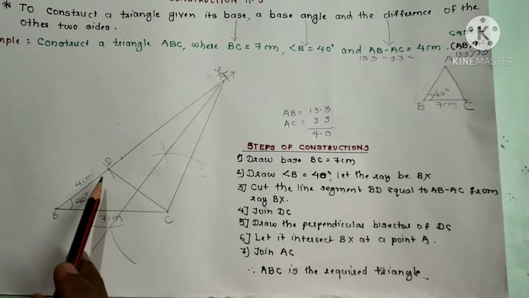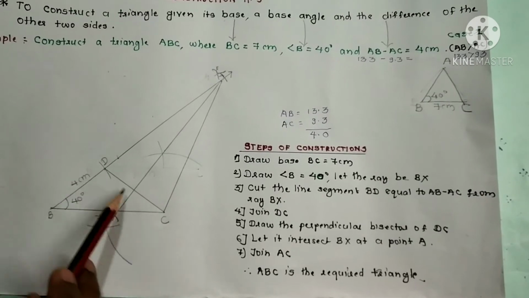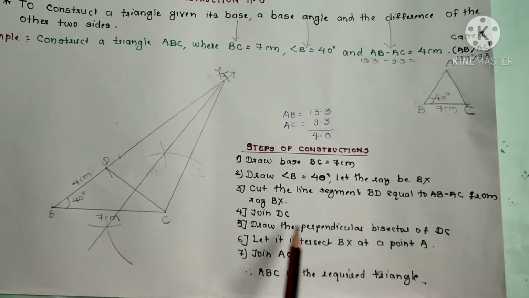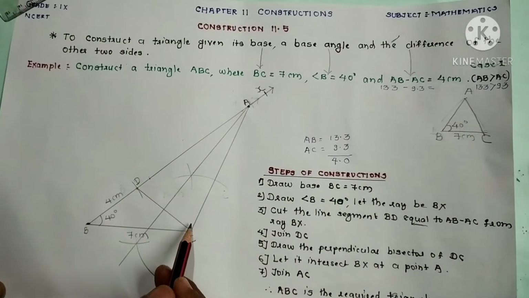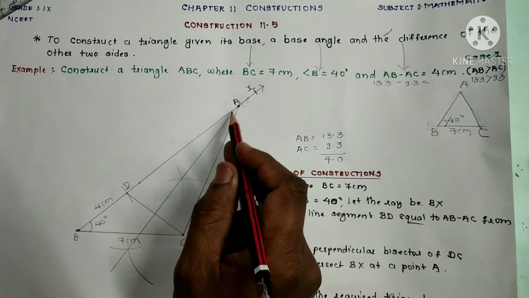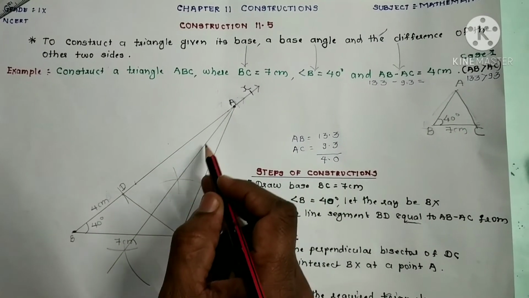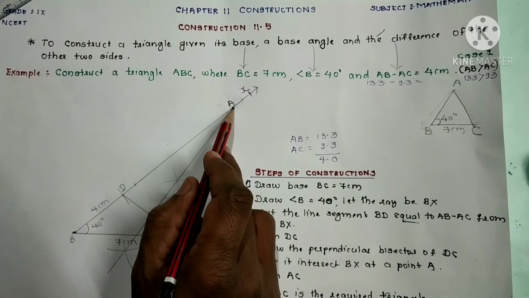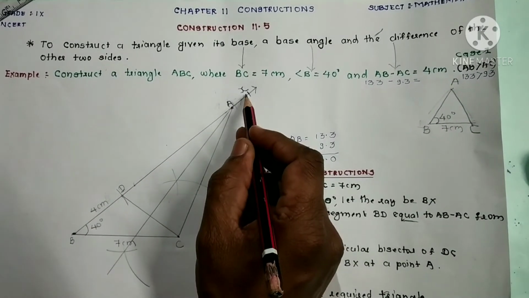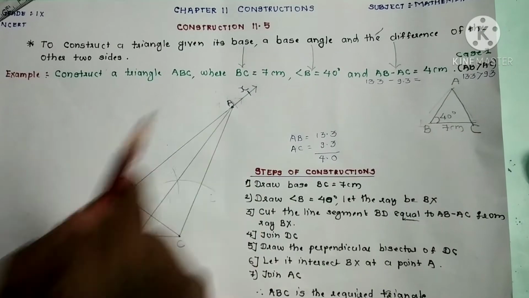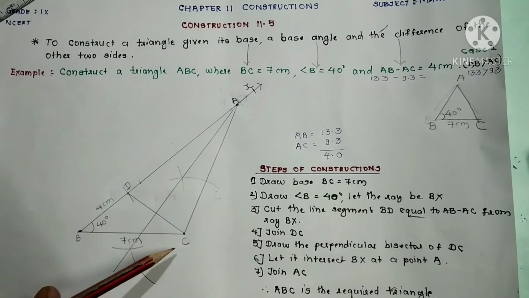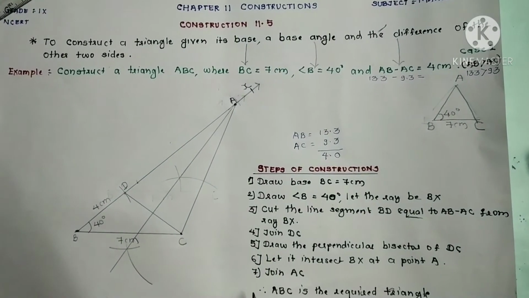Then next step, join these 2 points D and C. The next, draw the perpendicular bisector of DC, and extend it till here. Let it intersect BX at point A, and then join A and C. So this is the required triangle ABC.